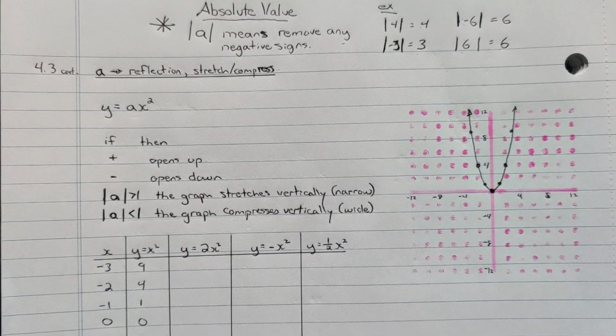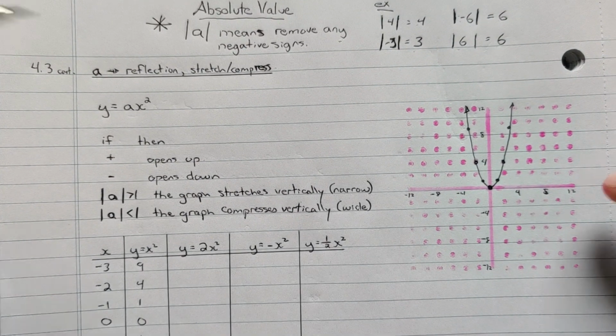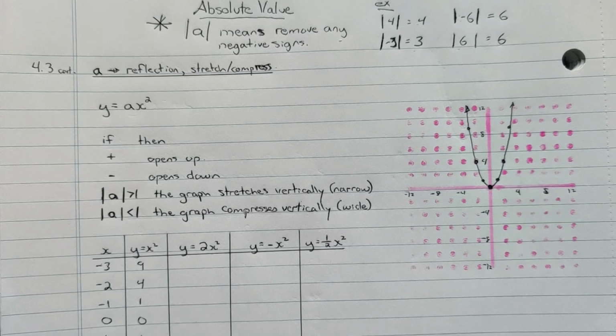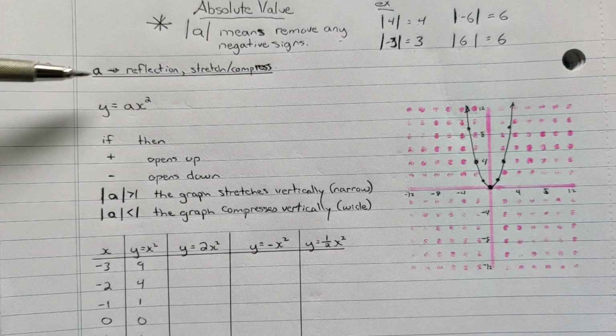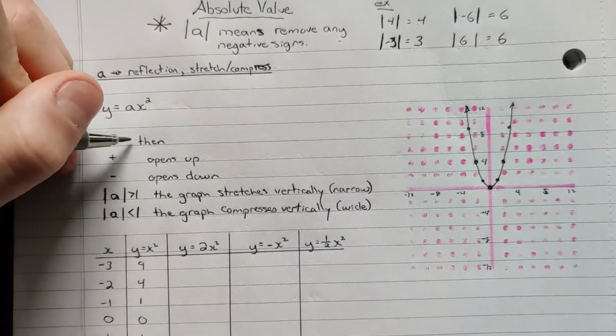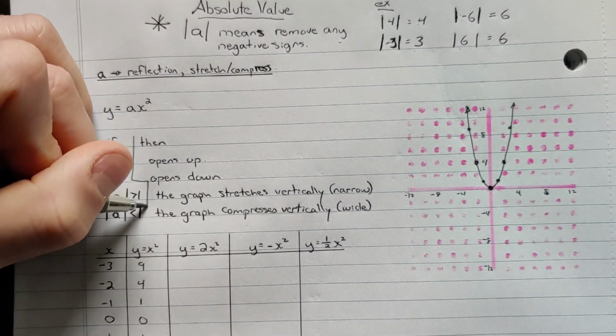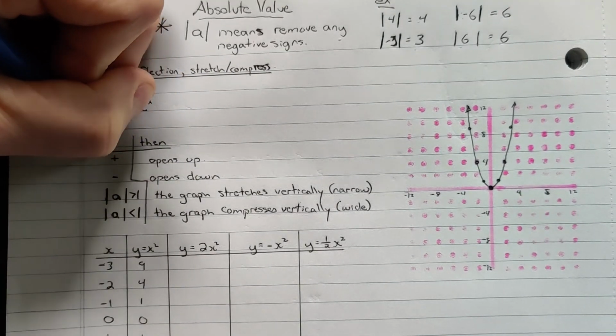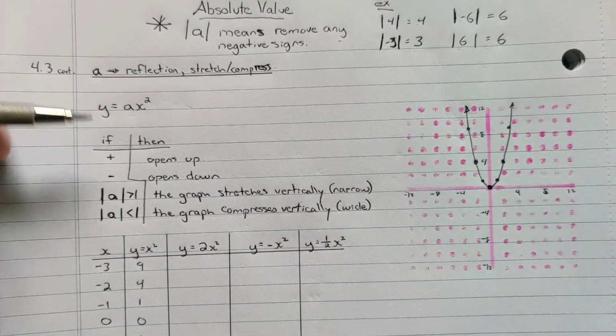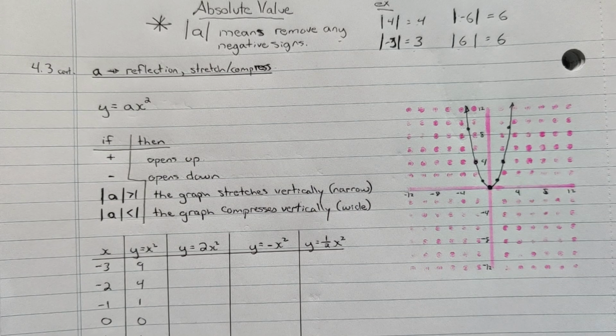So a is going to do some reflecting around the x-axis, and then it's going to stretch or compress the graph depending on its actual value. So I have a little if-then table. If it's positive, the graph is going to open up. If the a value is negative, it opens down.